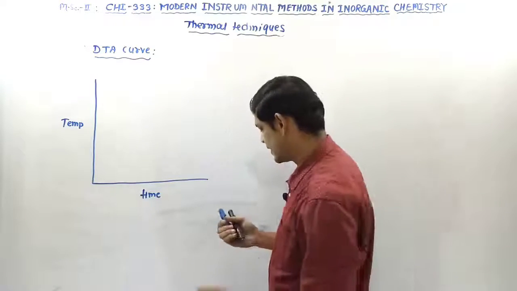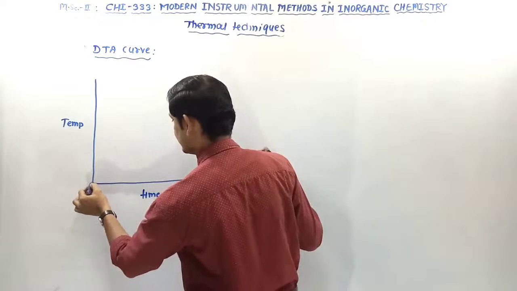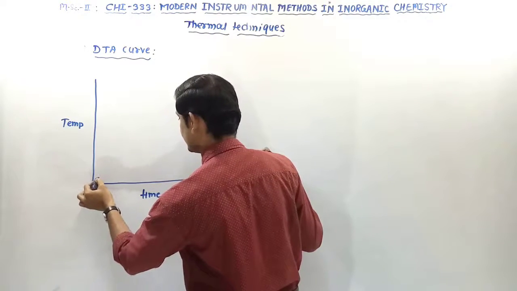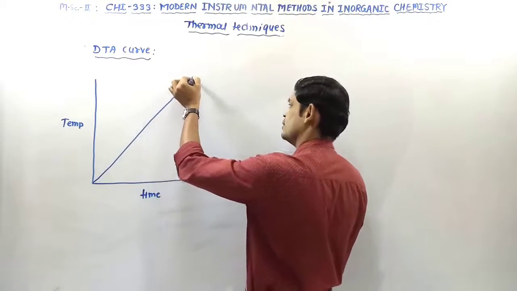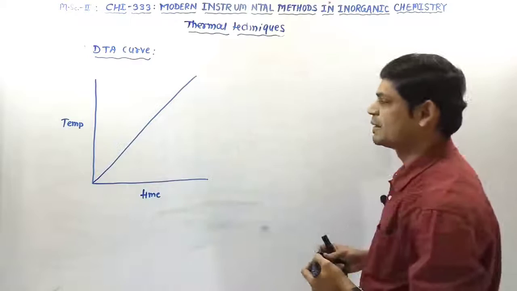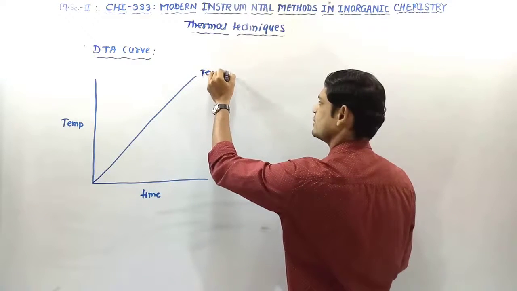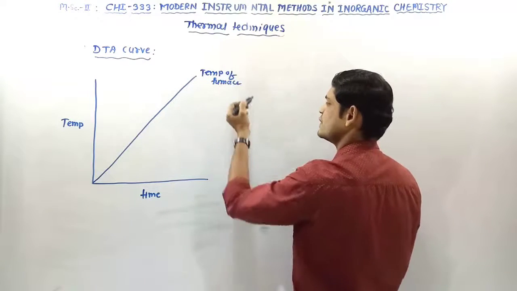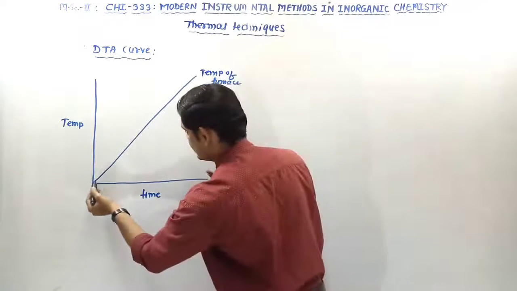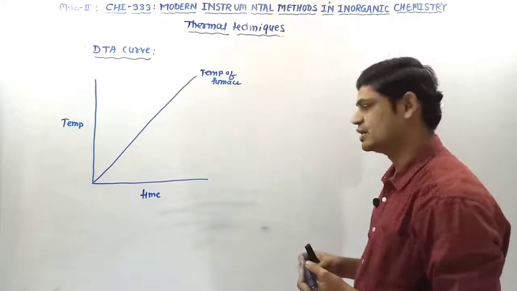Suppose this is your heating rate or temperature. You can say the temperature of the furnace, because we are increasing the temperature of the furnace progressively. So we will get a straight line over here.